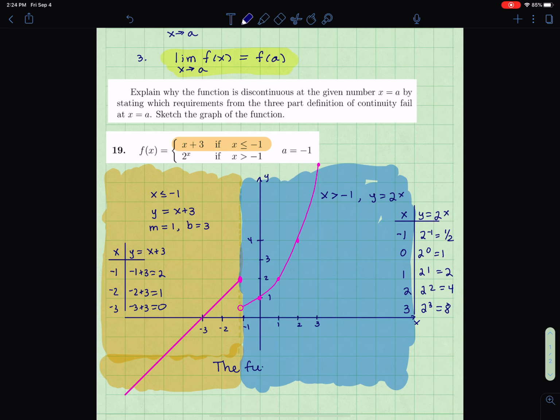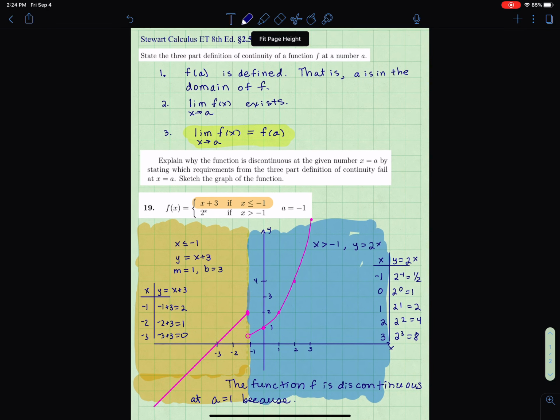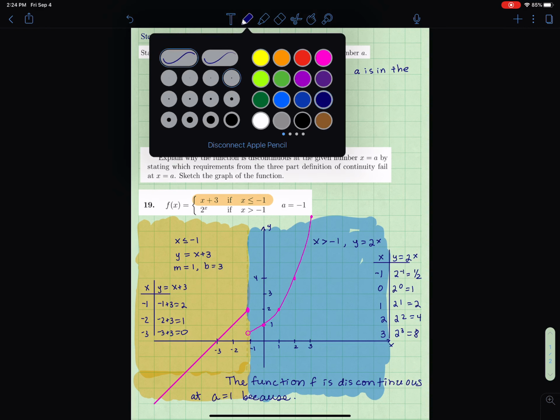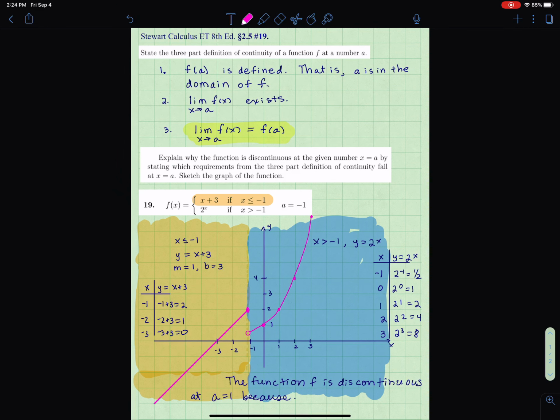The function f is discontinuous at a equals -1 because, okay, let me talk this through, hopefully that'll be all right without writing it down. Let's go through and check these off, in fact. Does f of, sorry, I wrote it down wrong over here. But now I don't think I can even fix it very well.